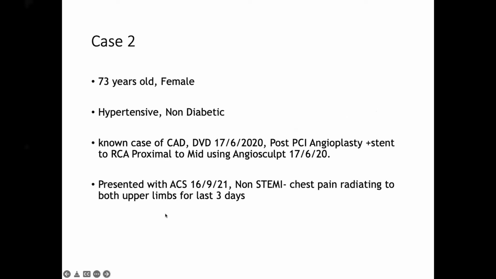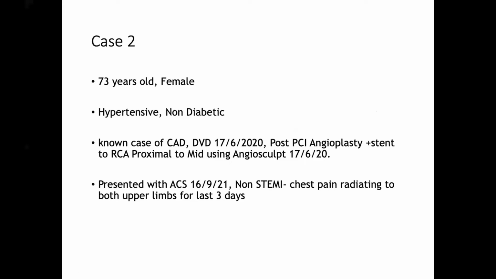He's doing quite well. Case 2 is a 73-year-old female who's been hypertensive for 6 years, non-diabetic, and is a known case of CAD with a history of PCI to the RCA, proximal to mid long stent, in June 2020. At a gap of 1 year and 3 months, she presented with ACS.